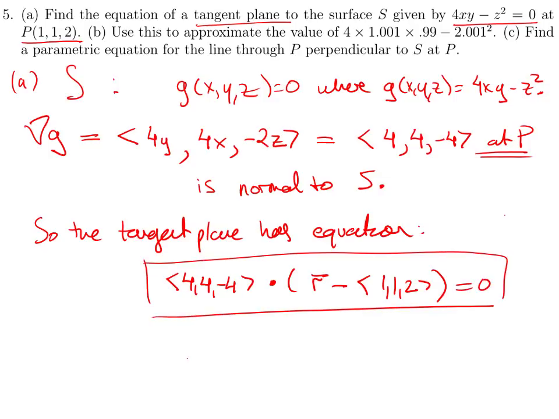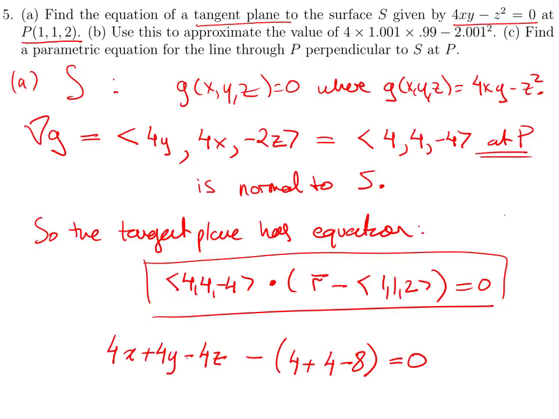And if you want to convert this in terms of x, y, and z, well, a position vector has coordinates x, y, and z, so what would this become? This would become 4x plus 4y minus 4z, that's the dot product of the first entry, minus the dot product of these two vectors, which would be 4 plus 4 minus 8 equals 0.